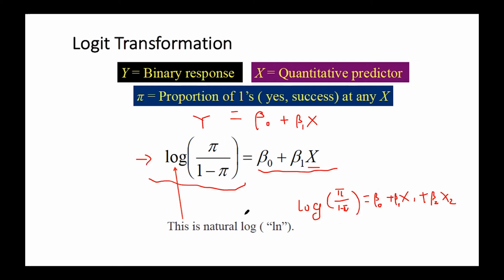So that's my first note. The second note is that for logistic regression, we are not predicting 0 or 1 directly. We are predicting pi, which is the proportion of ones at any given x.